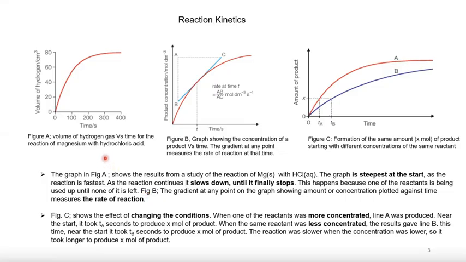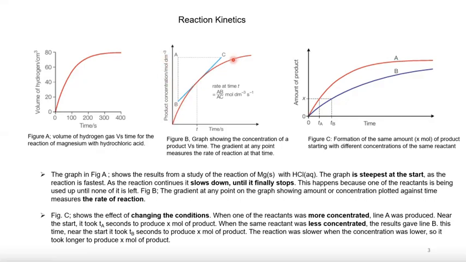In figure 1, the volume of hydrogen gas in cubic centimeters is plotted against time in seconds. We draw this and find out the rate of reaction. And then the time and the product concentration in mole per dm cubed.